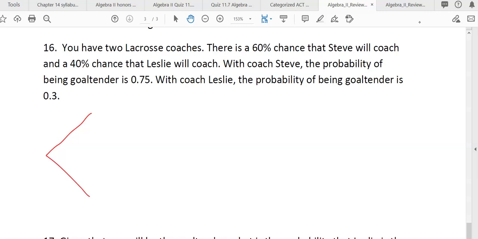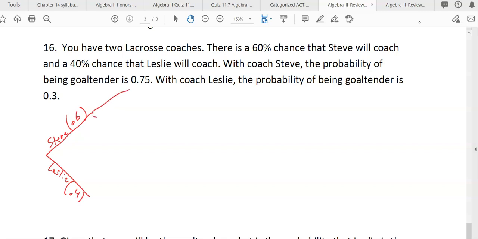So I think there are 2. One of them is Steve, and one of them is Leslie. The probability of Steve is 0.6. Probability of Leslie is 0.4. With Steve, the goaltender.